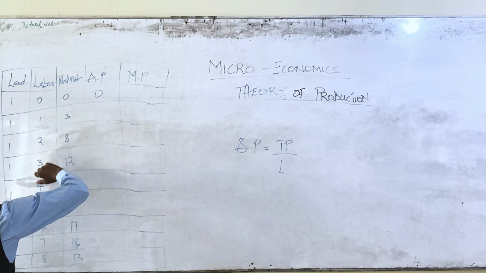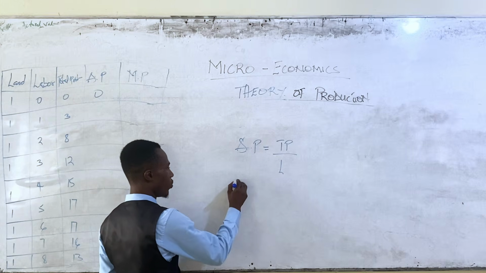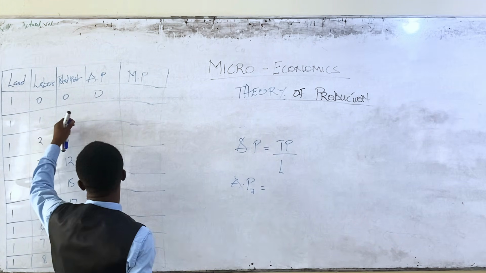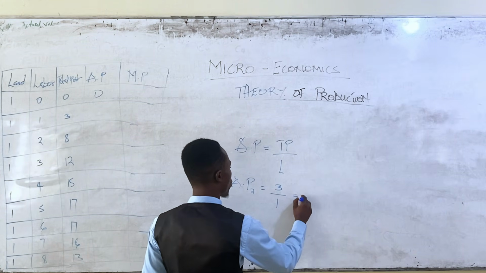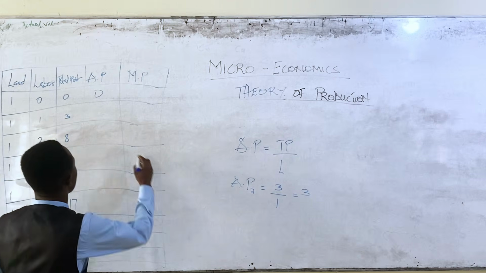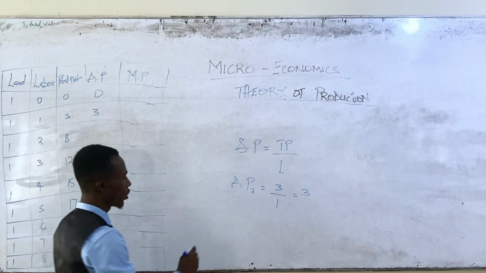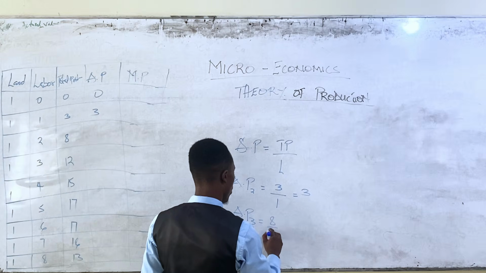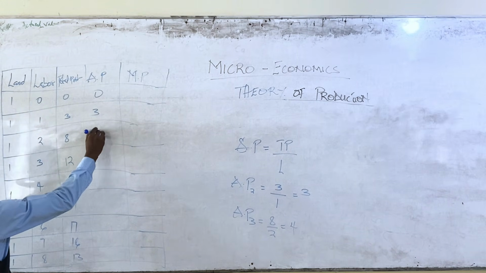Our total product is 3 and our labor is 1, so AP2 is equal to 3 divided by 1, and we have 3 as our average product. When we get to the next stage, it is this stage divided by this stage. So our average product 3 is equal to 8 on 2, which is 4.